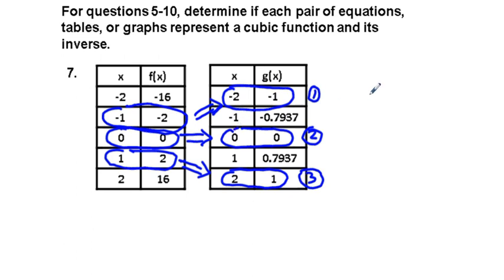And so we have to be careful of the wording here. We say determine if each pair of equations represents a cubic function and its inverse. So I'd put a little caveat since we didn't match every point up. So I'll say as far as we can tell, the functions are inverses of each other.